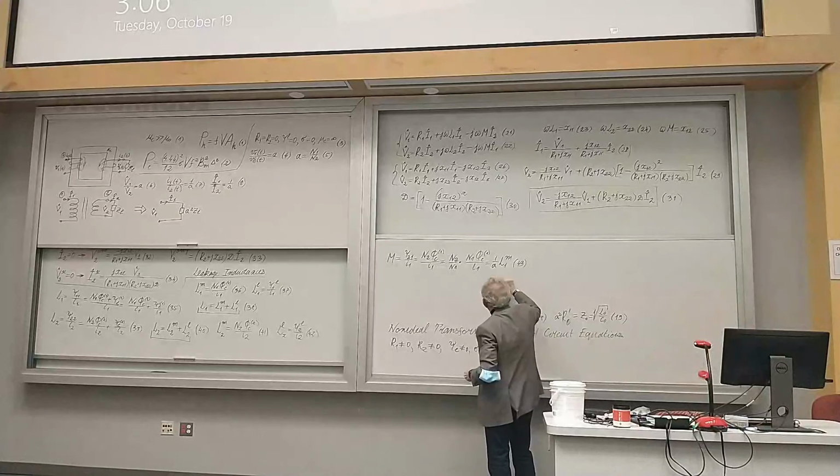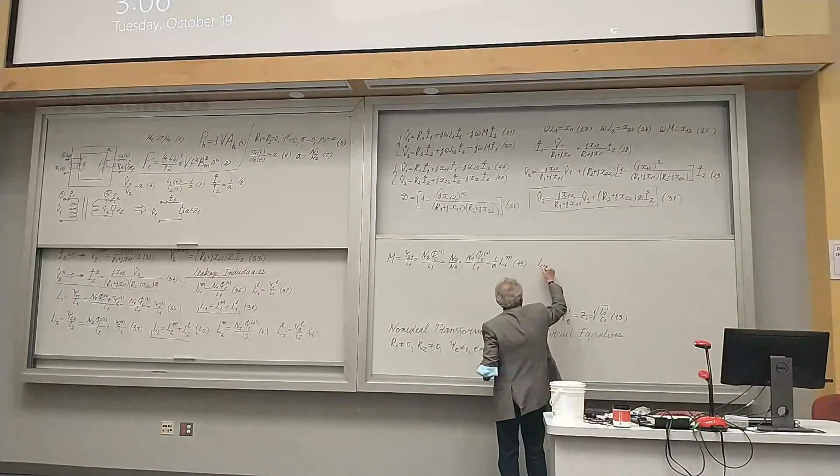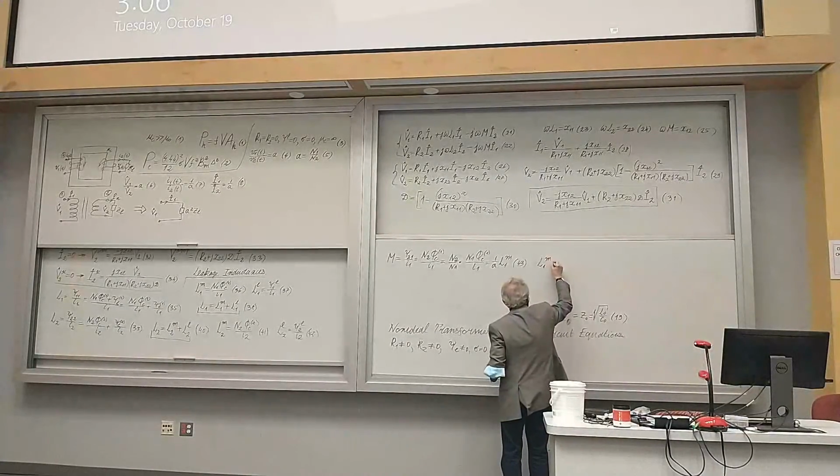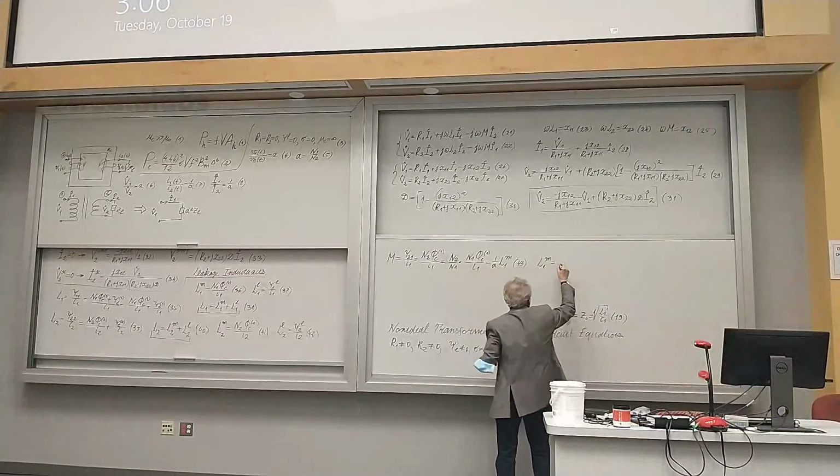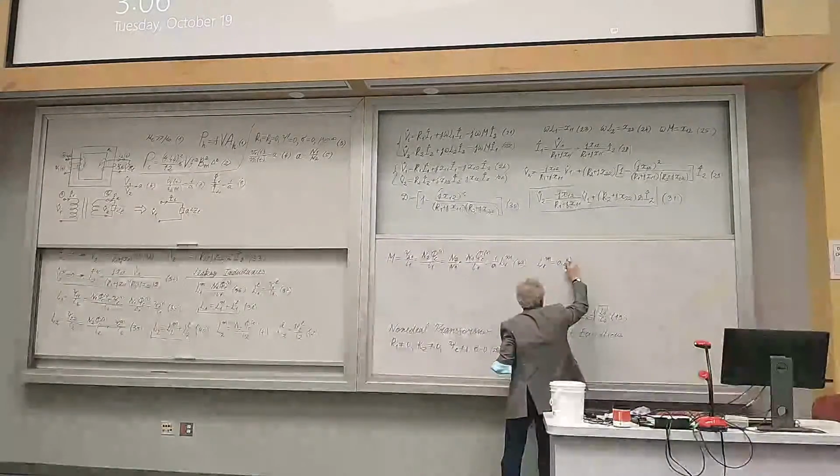And from here I can find that the main inductance is equal, I will multiply by a, is equal to a times the mutual inductance.